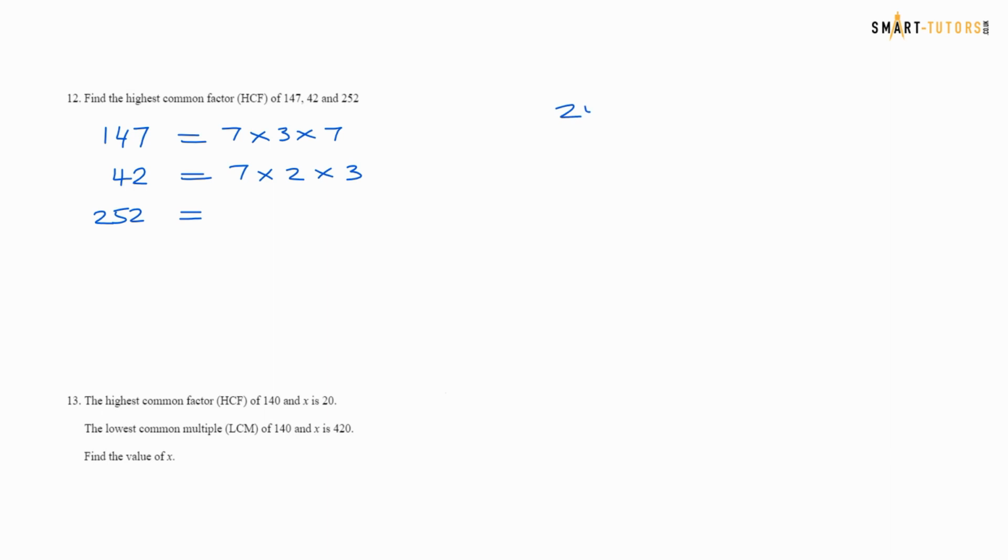Now 252, I need to do that with the prime factor method: 2, 126, 2, 63, 3, 21, 3, 7. So 252 is 2, 2, 3, 3 times 7.